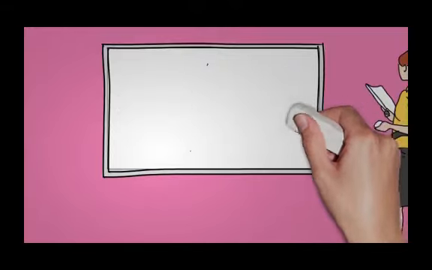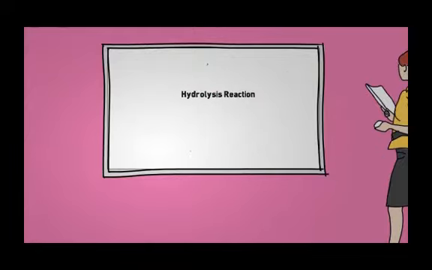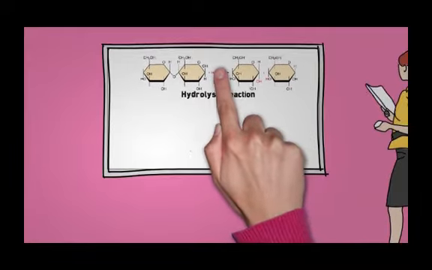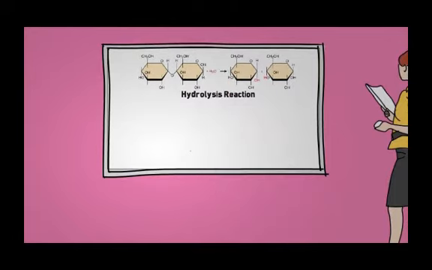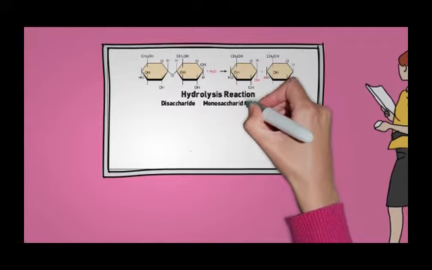Disaccharides again can be broken down into 2 monosaccharides using a reaction called a hydrolysis reaction. Hydro meaning water and lysis meaning to break. In a hydrolysis reaction, water is split and the OH group from water is added to one of the monosaccharides, while the remaining hydrogen atom is added to the other monosaccharide.